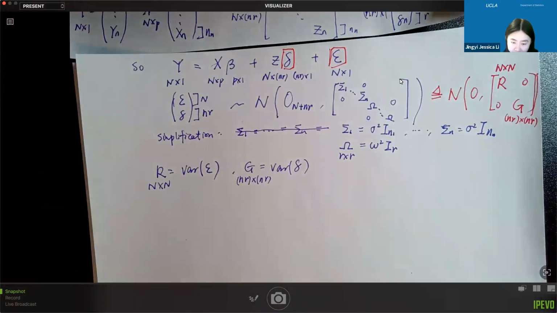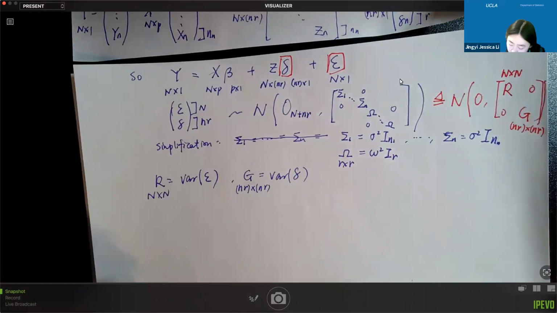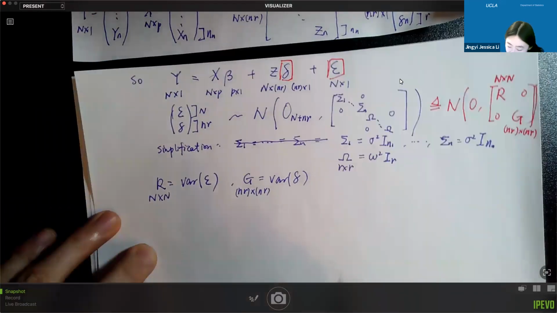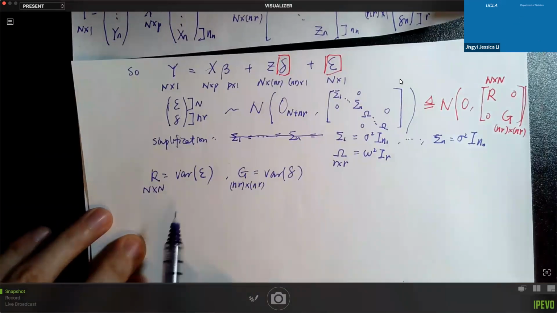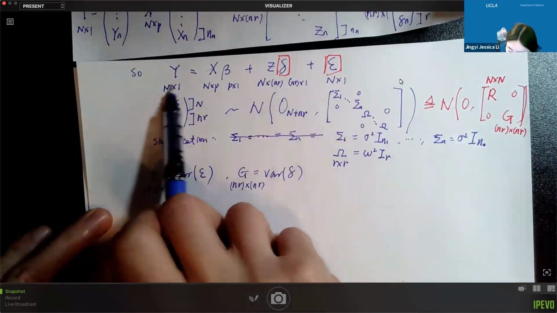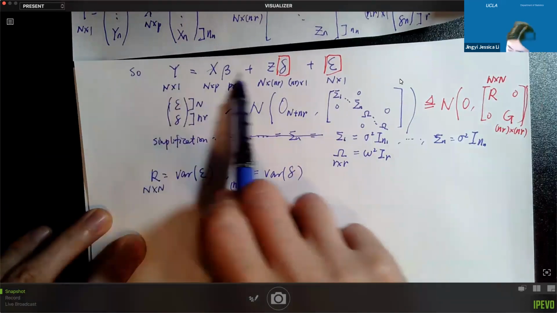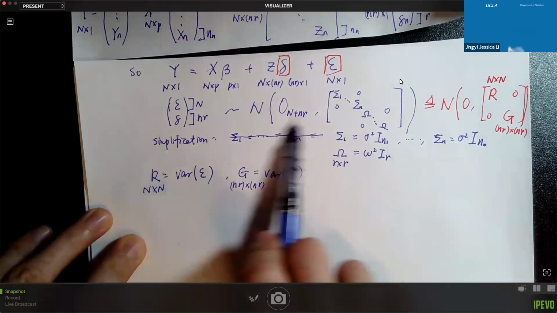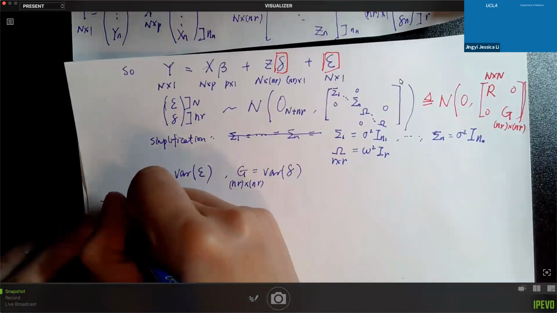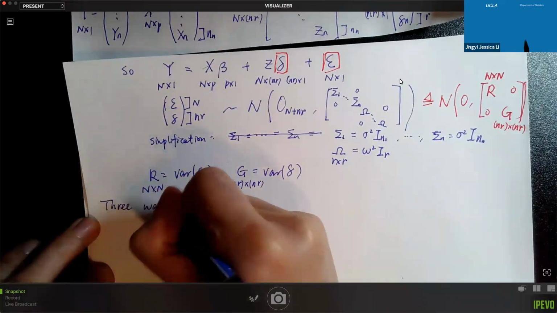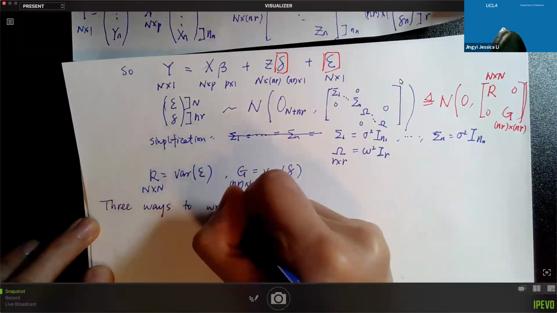Okay, so this is the model. Now let's take a look at the model in 3 different ways. Writing down the model in this form and specifying the random structure is what we call model 1. We'll say there are 3 ways to write this model.